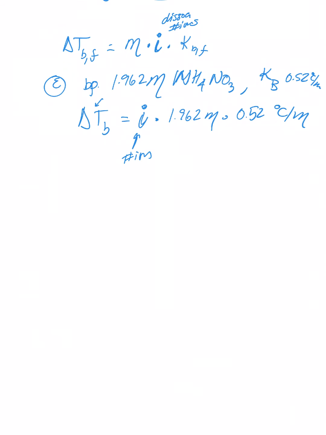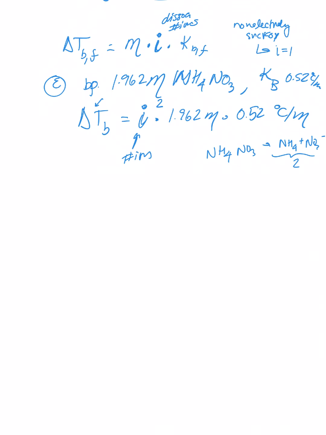If we have a non-electrolyte, like sucrose, something that doesn't split up in solution, it's going to have an i equal to 1. However, NH4NO3 splits up to make NH4+ and NO3-. We learned in our solubility rules that compounds that contain nitrate are always soluble. So in solution we are going to have 2 particles, so our i is going to be 2 here.